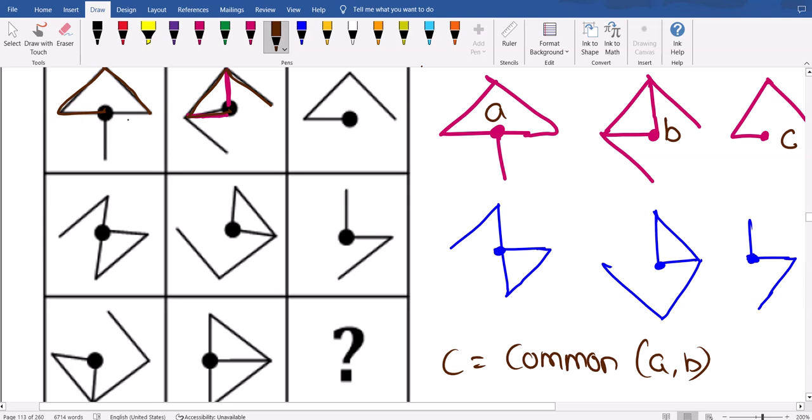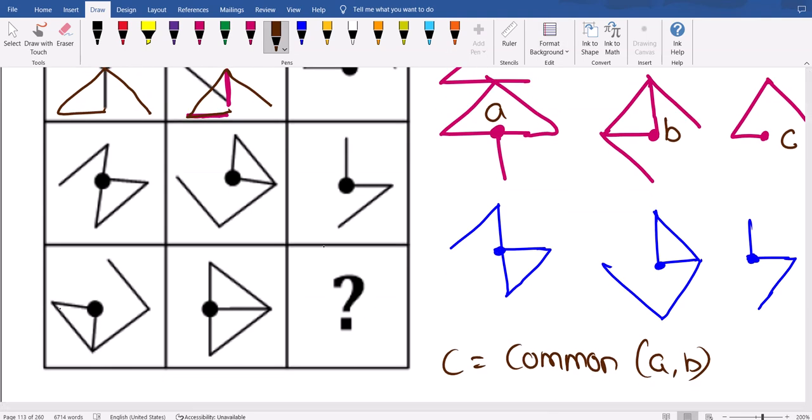This horizontal line is here, there, but not here. The bottom line is available here, not available here. Common in both is the last one. So now I hope you can understand, this is a horizontal line, this is a cross line, this is a vertical line, this is a cross line. Now what is common in these two? This line, this line, right? So this one slant line, again one more, and here.